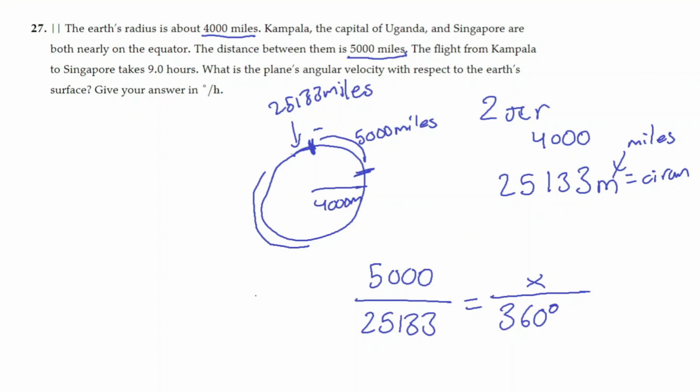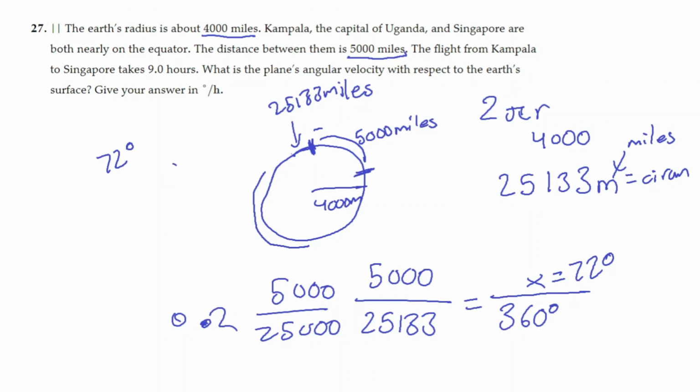If you do some rounding, we would have 5,000 over 25,000, which is equal to 0.2, which is 1/5. And 1/5 of 360 degrees is going to give us an x value of 72 degrees. So between the capital of Uganda and Singapore, we are going to be traveling 72 degrees around the Earth. It would be a 72-degree pizza slice.